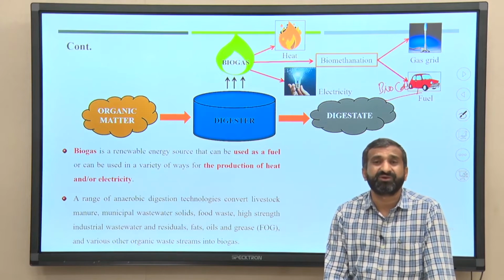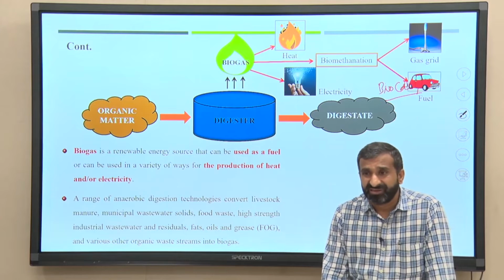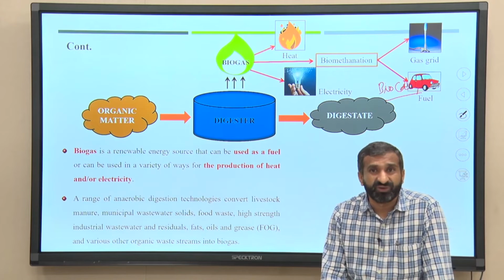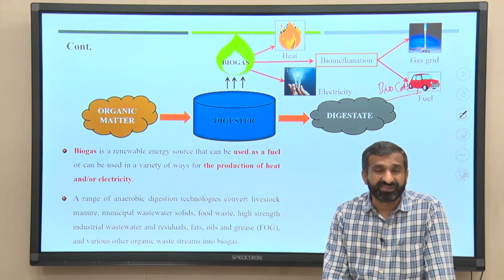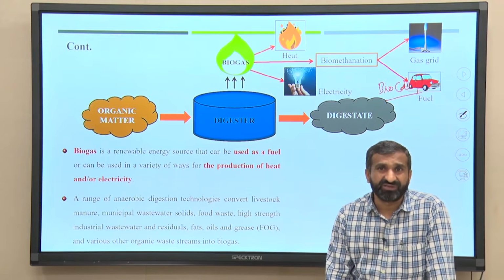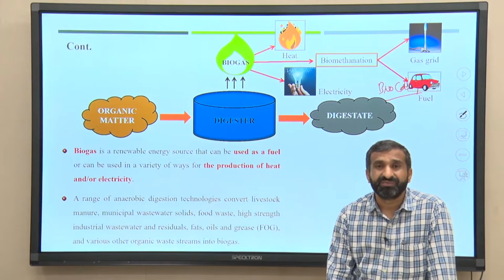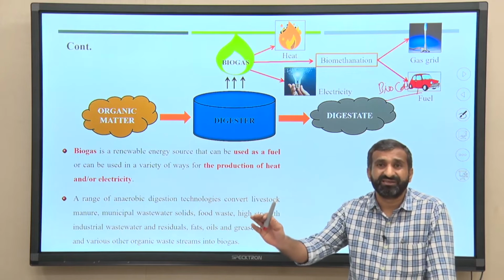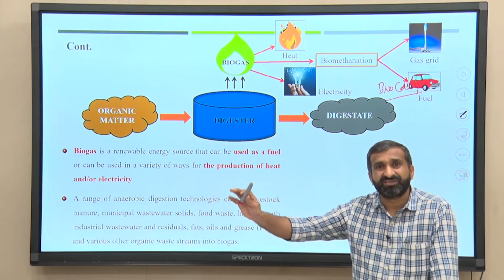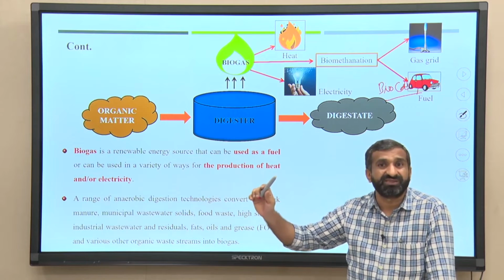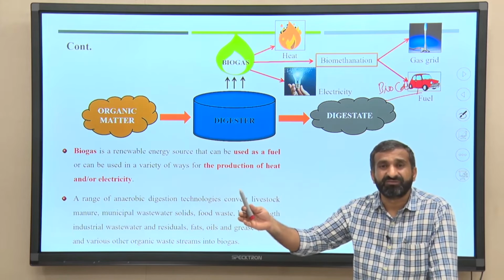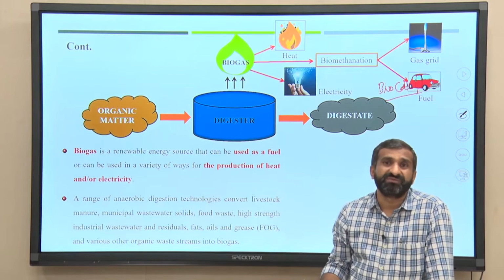Why is it very popular? Because sludge production is very low. In the composting process, the degradation of glucose to final sludge goes up to 30%, but in the anaerobic condition the sludge produced is only 5%.